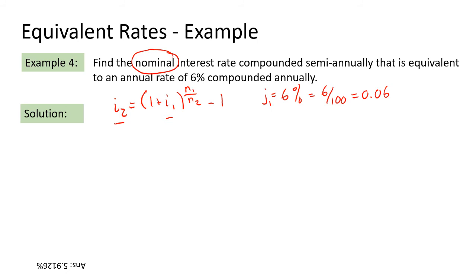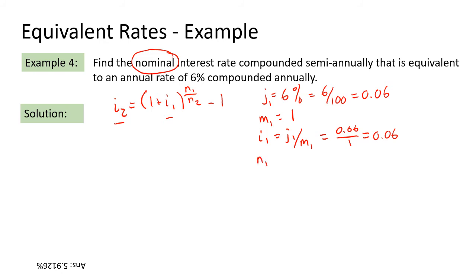We know that M, the number of compounding periods for the first one, is annually, so M1 is 1. So our value for I1 is J1 divided by M1. These subscripts are just to help you see that it's the first case for each one. Just 0.06 divided by 1, or just 0.06.